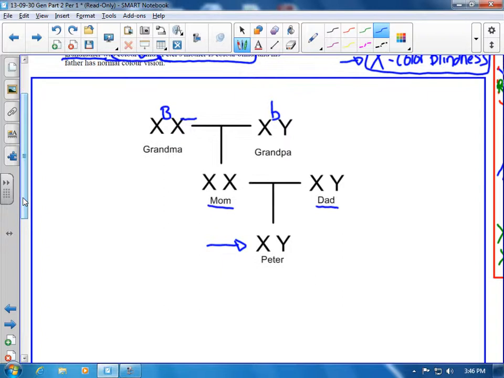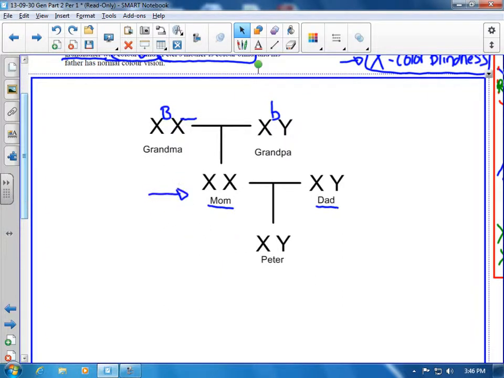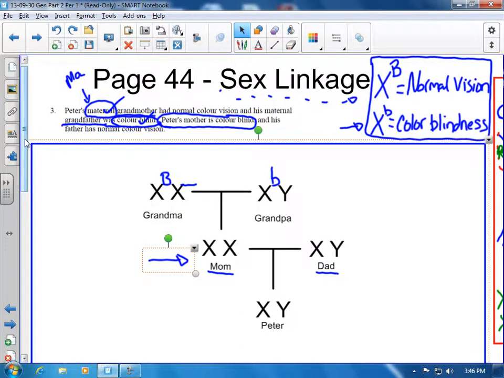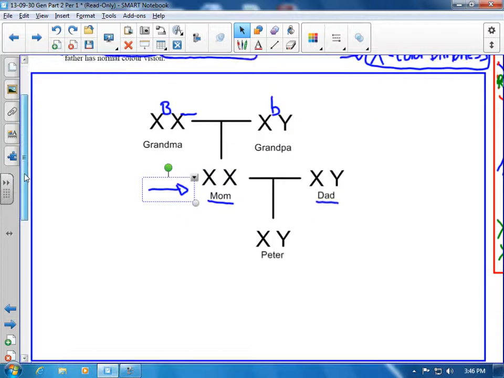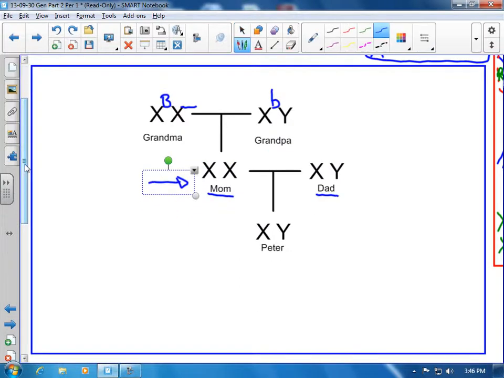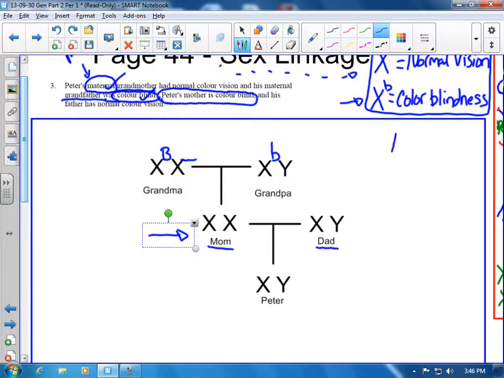So we come back down to here, find Peter's mom. There she is. And she is, as it says, color blind. We can read up there. Well, colorblind is, again, recessive, I can see up here. So that means she must have a little b and a little b. It's the only way.